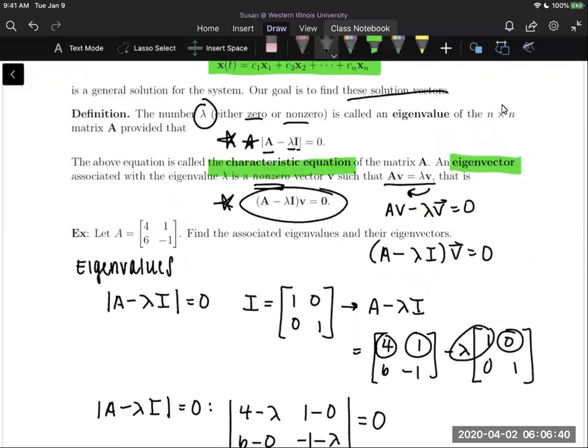We want to use this equation right here, where we plug in lambda where it says lambda. I'll underline that. We're going to let lambda equal 5, and our goal is to solve for this v. So we want to find the vector where this equation is true.